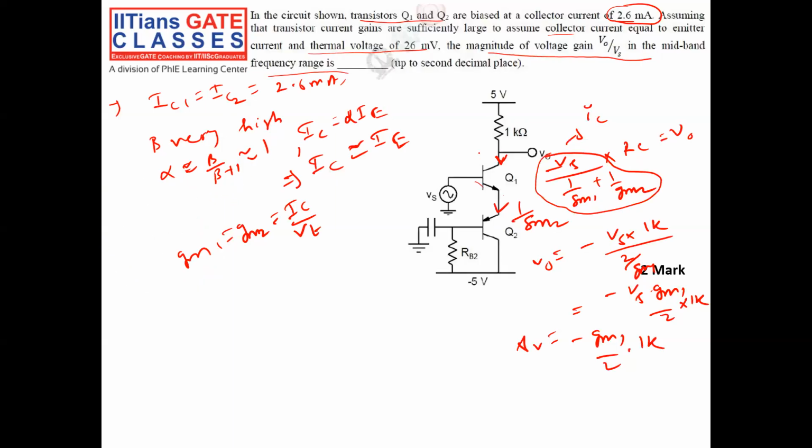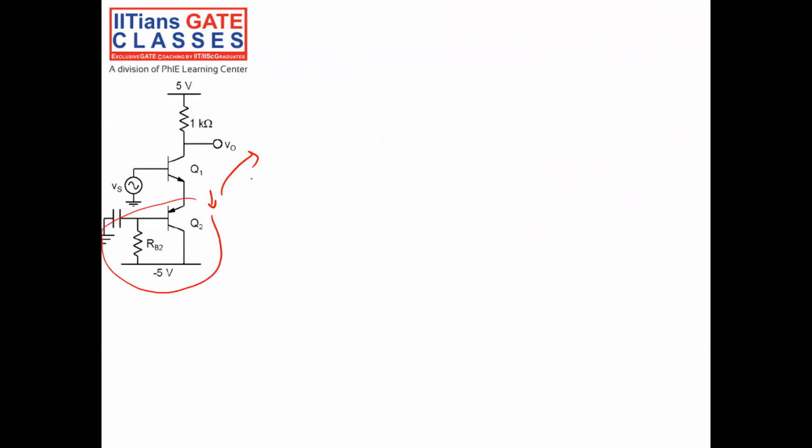First thing is you have to know the resistance looking into the emitter of Q2, how much is it. So that we want to see.